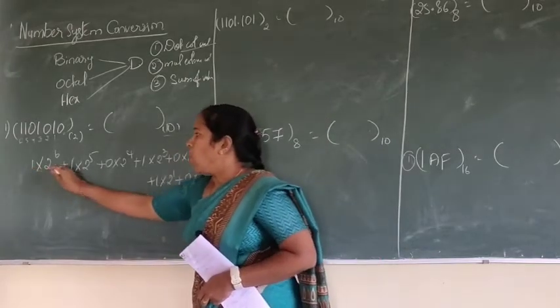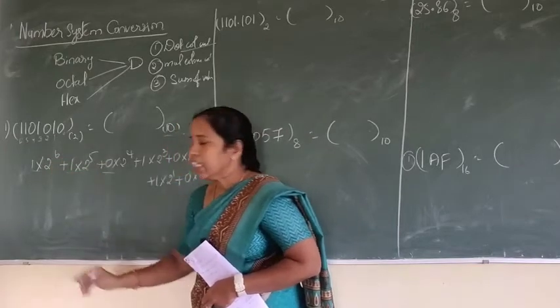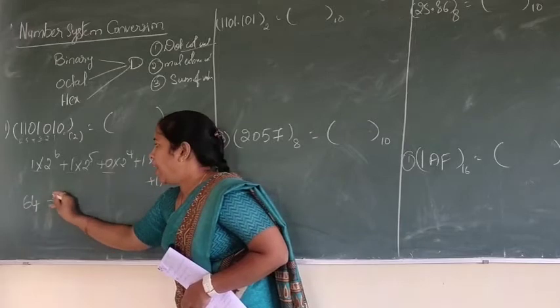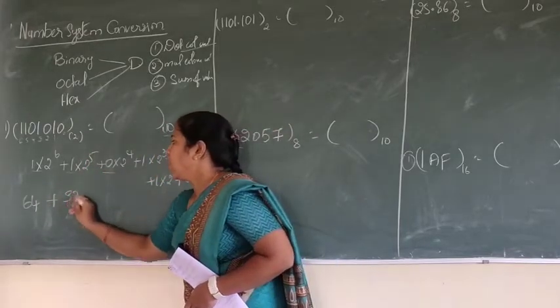Now I have the column values, so I have to reduce them. 2 to the power of 6 is 64, into 1 gives 64, plus 2 to the power of 5, that is 32 into 1, gives 32.